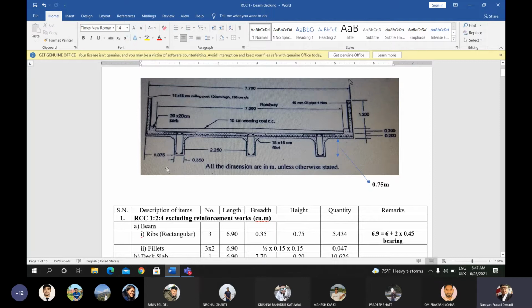In this way, you can calculate the total perimeter up to the top of the slab, and that perimeter length is multiplied by the total length of the bridge. You will get the plaster surface for that point. Okay, so that I have done.